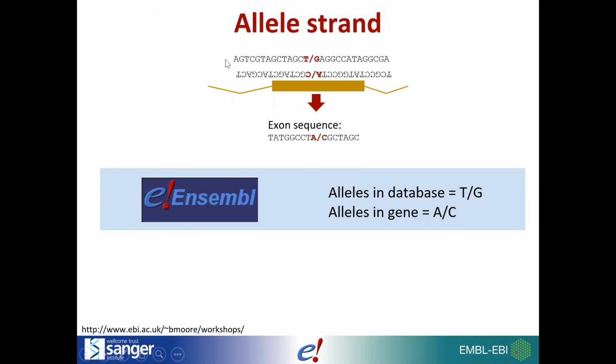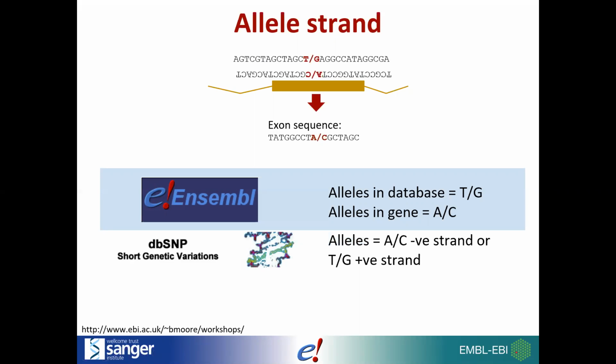So if this is the plus strand in the chromosome, in the database we have T and G as the alleles, and in the gene we have the alleles A and C, because the gene sequence is as the coding sequence shows it. And in dbSNP, they specify the strand, so that they will tell you that you have A and C on the negative strand and T or G on the positive strand.